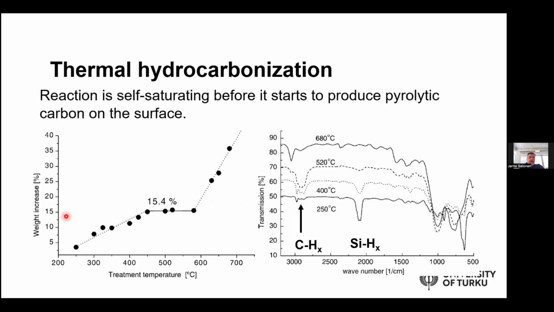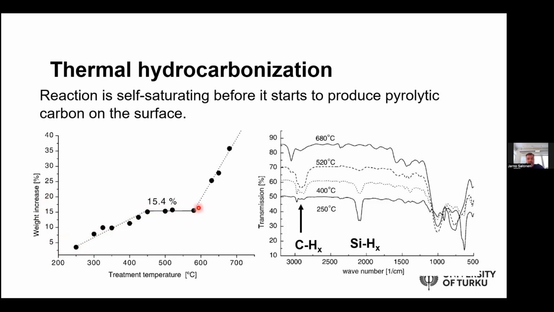Okay, and actually this hydrocarbonization process is pretty interesting. It's self-saturating. You can see the weight increase when you increase the temperature, but from 450 till close to 600 degrees, the weight increase saturates.